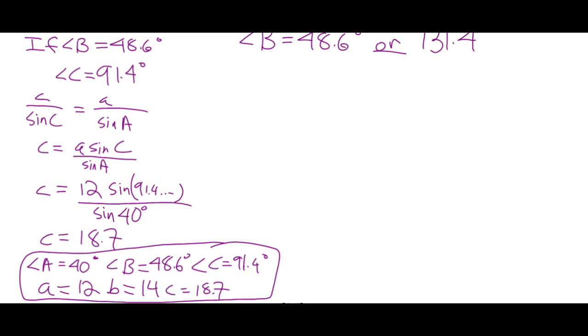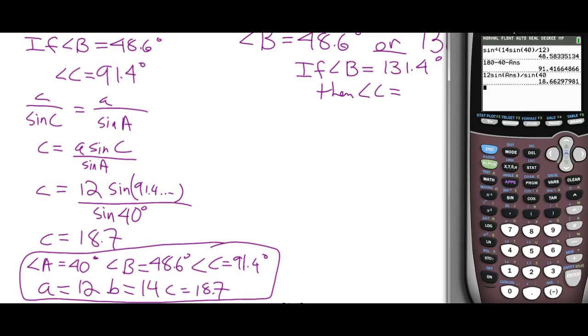And then we just run through the exact same thing again, with the other possible angle B. I want this number here, so I need 180 minus this number.